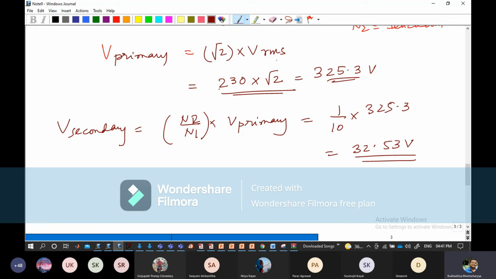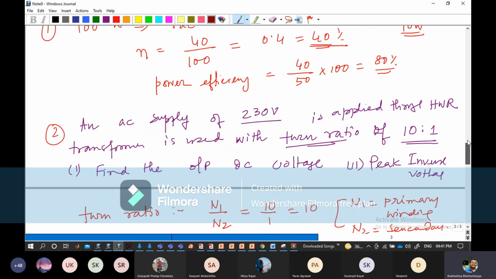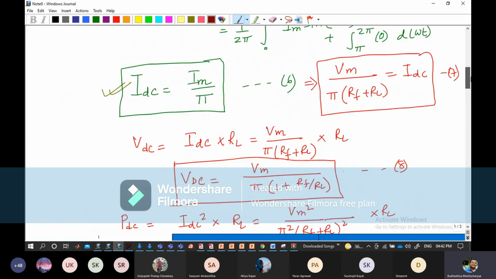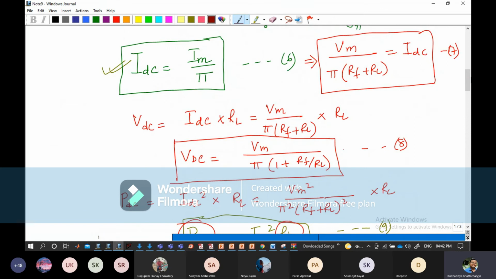Find the output voltage. So VDC, see in this particular question, we know the equations. Can you tell me, if I go back to VDC, which equation we are going to use for that matter?